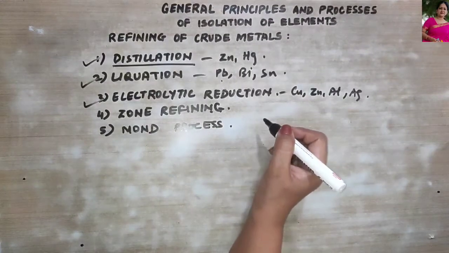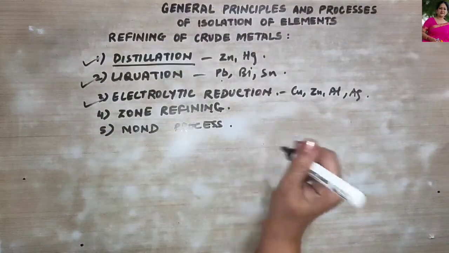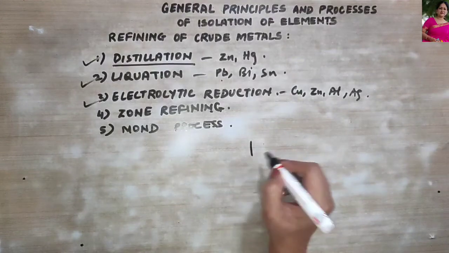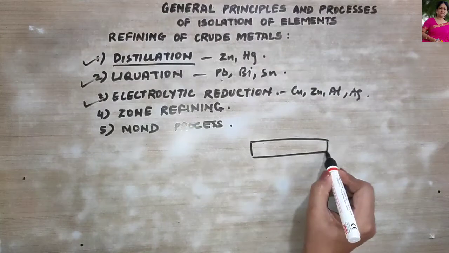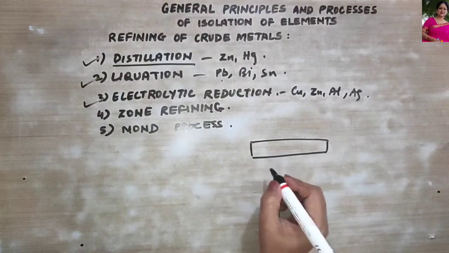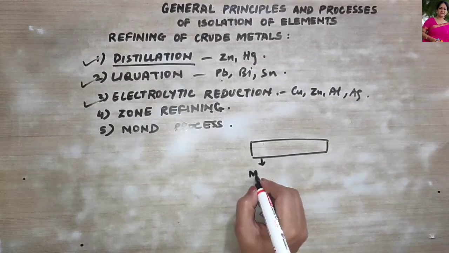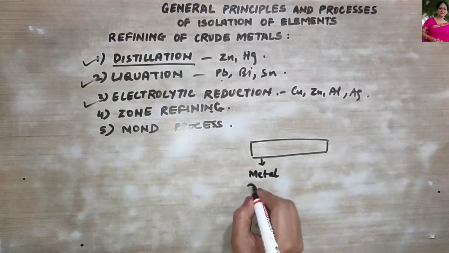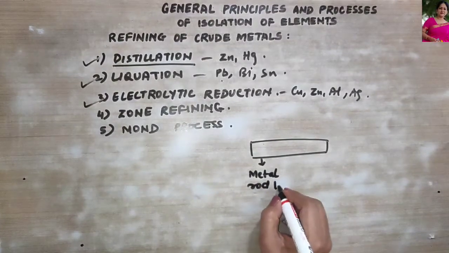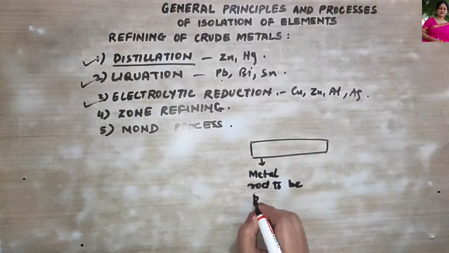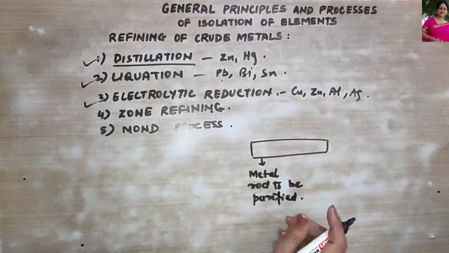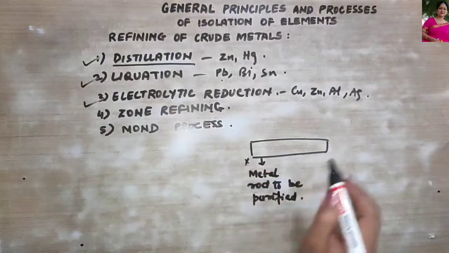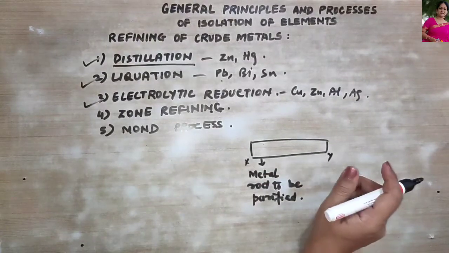So just to give you a short explanation as to how it takes place. For this we take an impure metal rod. Suppose this is your impure metal rod to be purified. Suppose this is your X end and this is your Y end, right?